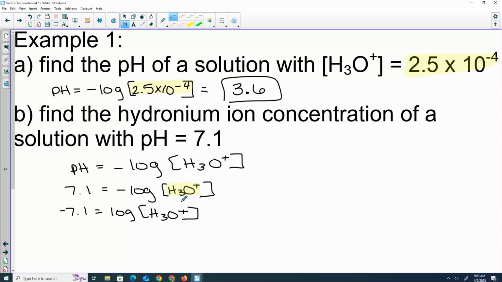Okay. Now it's just a log equation. So we should know from our homework, if we have a log on one side, what do we do? Exponential. So it'd be 10 to the negative 7.1 equals H3O+.